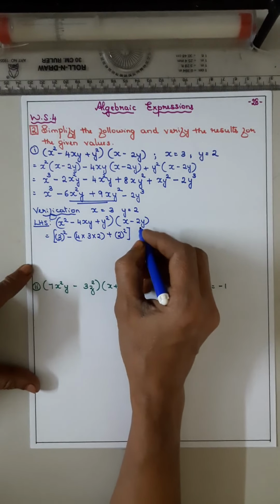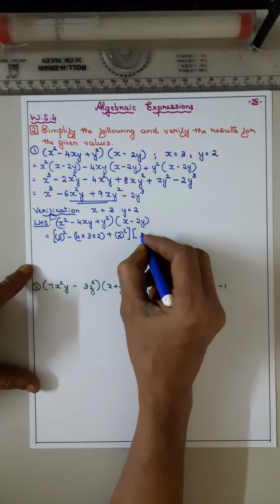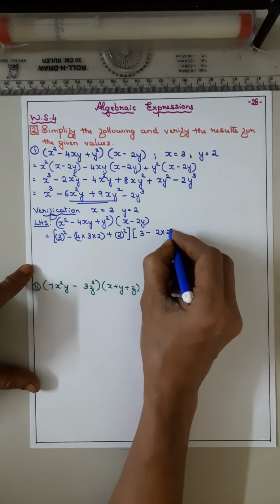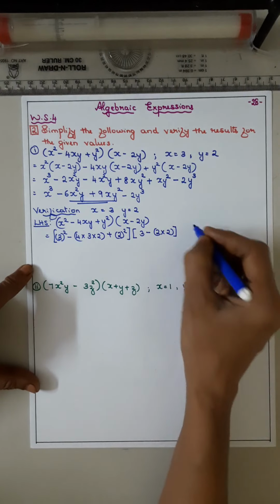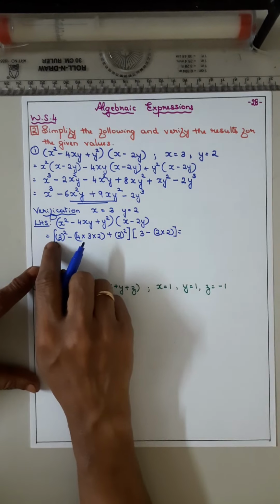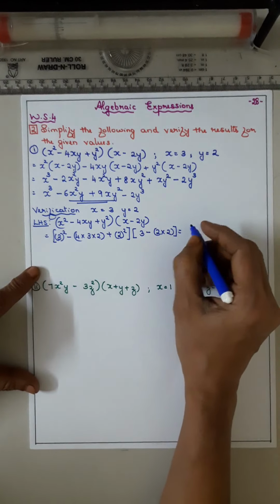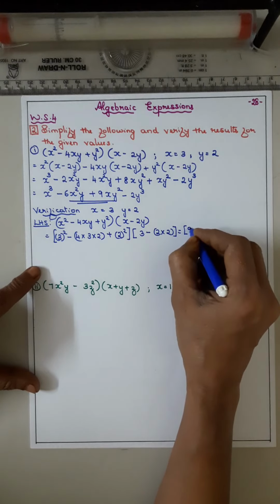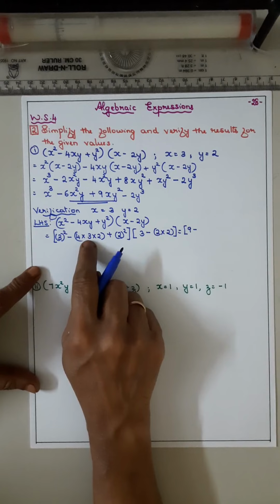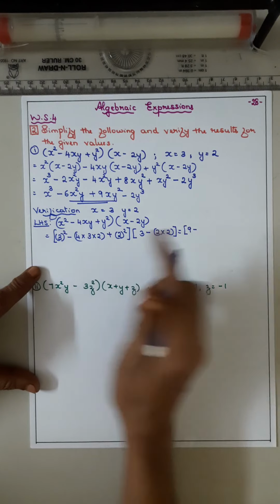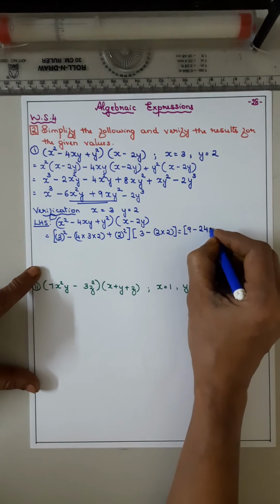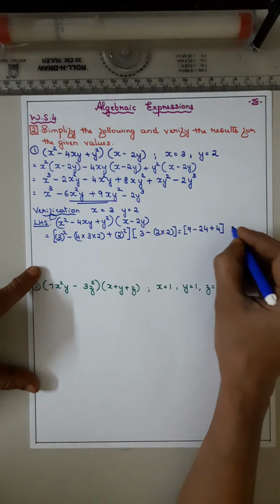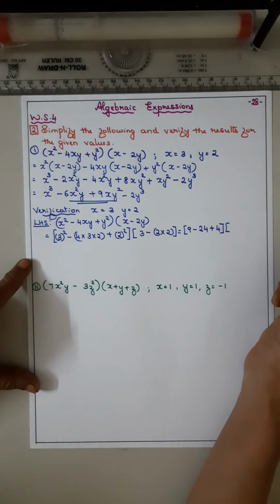Now second expression is x, that is 3 minus 2 into y is 2. Now it will be how much? 3 squared, that is 3 3s are 9 minus 4 3s are 12. 12 twos are 24 plus 2 square. 2 twos are 4. Bracket close, bracket open.